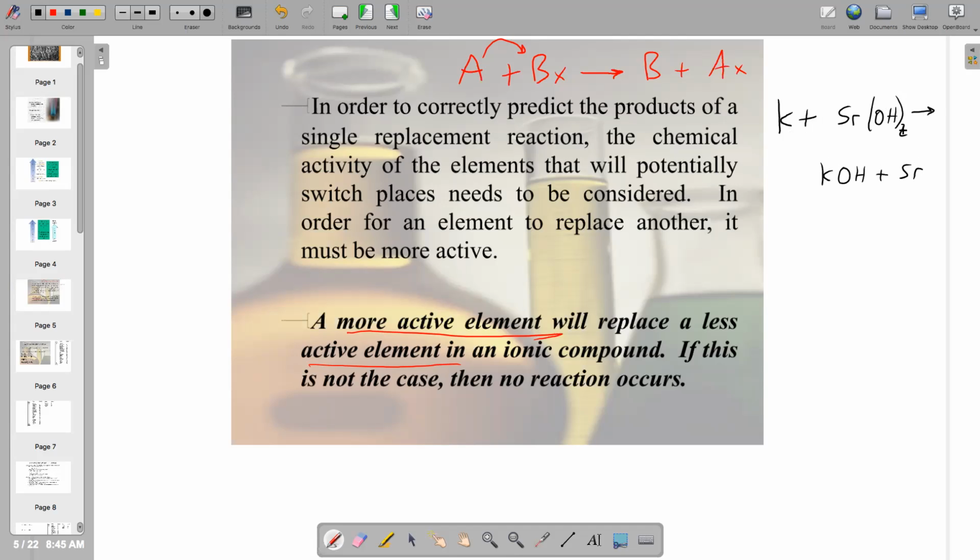This reaction occurs because when you look on the activity series, potassium is higher up. Potassium is high on the chart and strontium is lower. Because potassium is higher on the chart than strontium, the potassium will replace strontium, potassium goes with the hydroxide, and the strontium stays by itself.